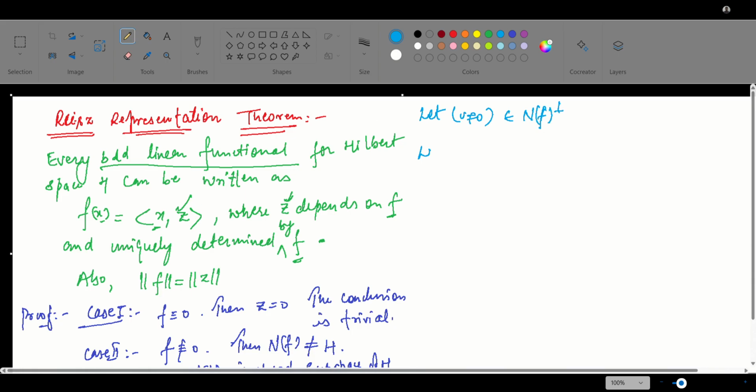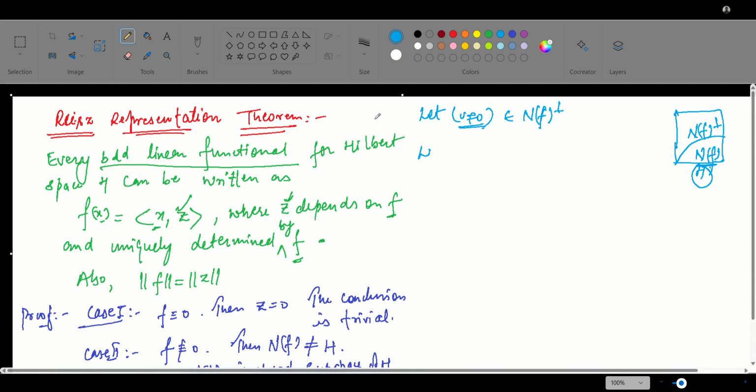Suppose this is the Hilbert space, this is the null space of f, and this is the null space of f complement. So we know that this Hilbert space is not equal to the null space, but the null space is also not empty.